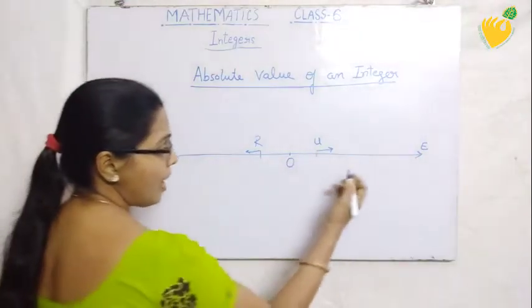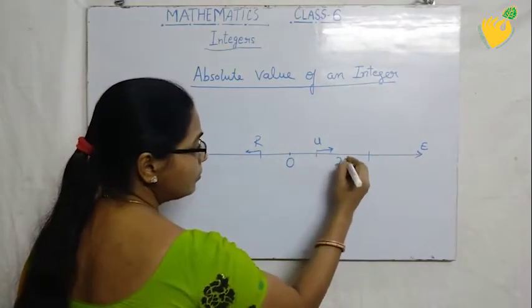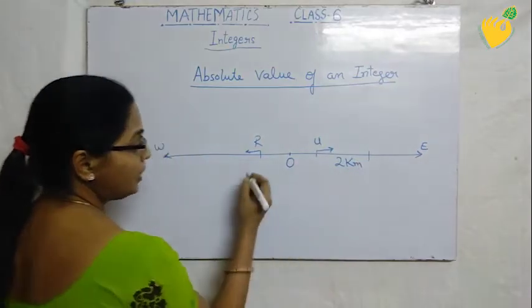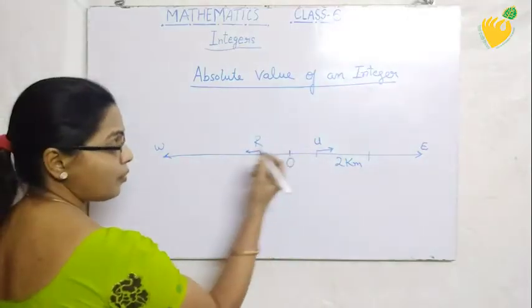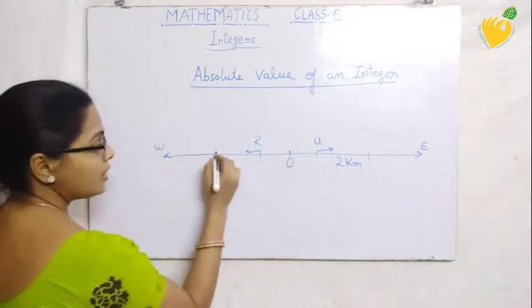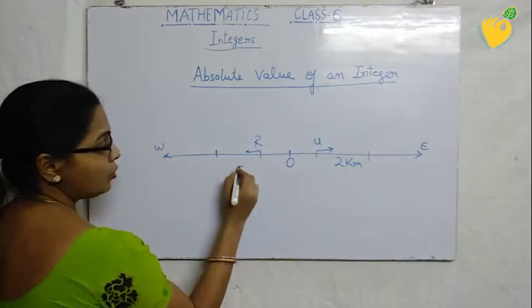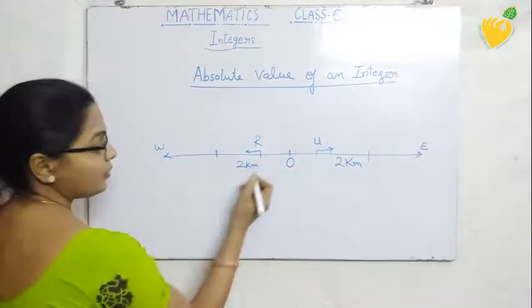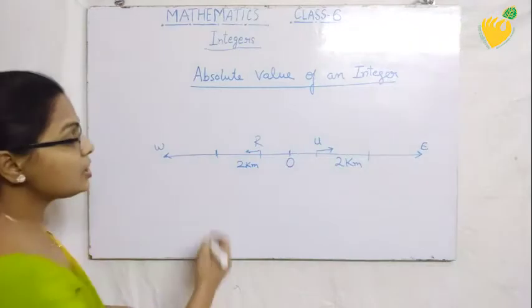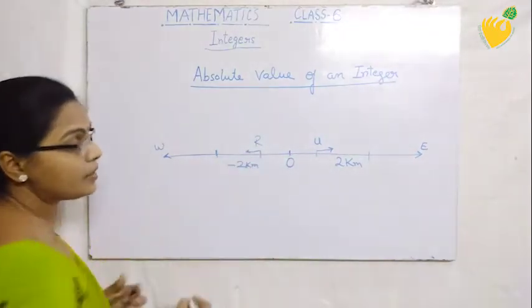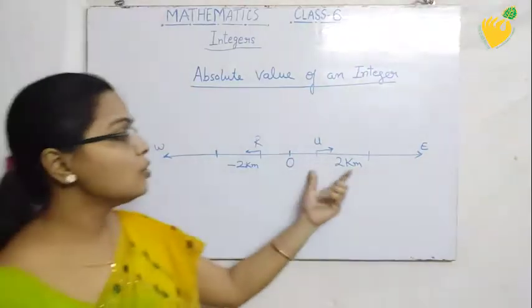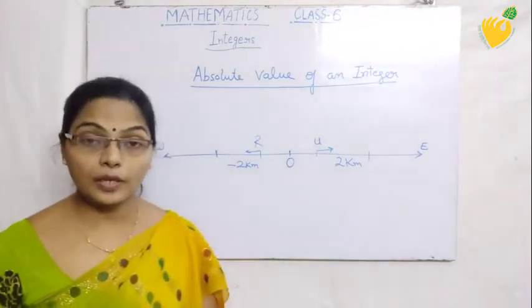And suppose both of them have covered a 2 kilometer distance from 0, from the initial position. According to integers, R has covered minus 2 kilometers and U has covered 2 kilometers.